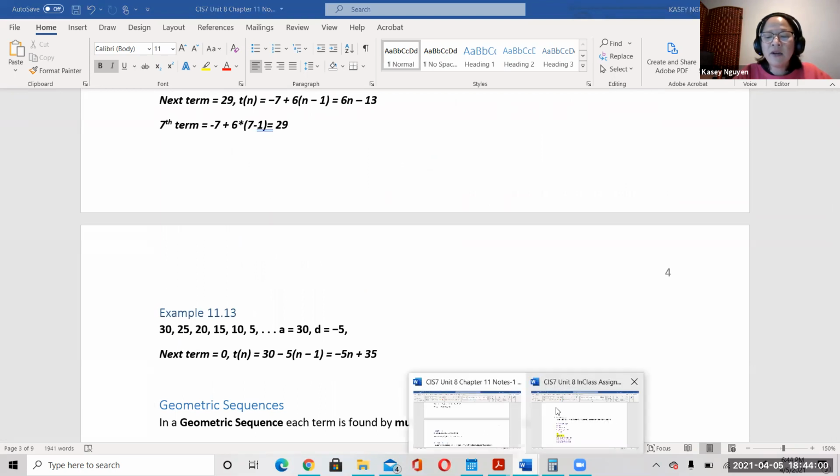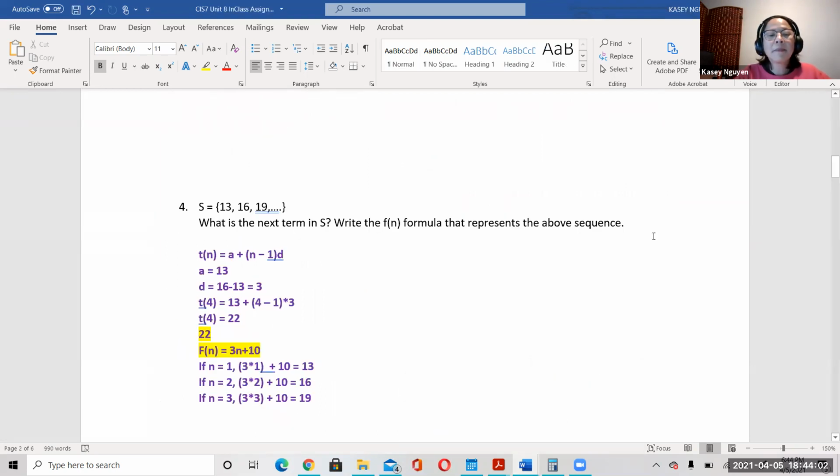Let's look at our assignment. For number 4, we're given 13, 16, 19, and we need to determine a value down that sequence. It asks us for the 4th term, and then we want to write the f of n equation or t of n equation to represent that.